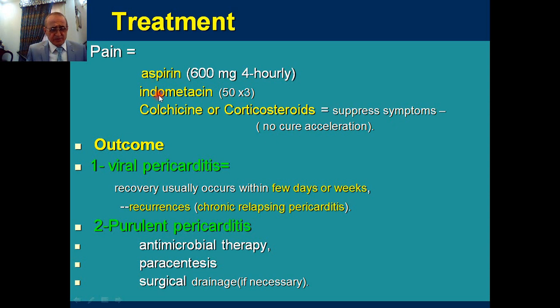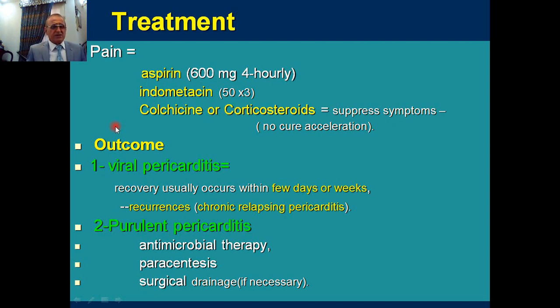Acetylsalicylate or aspirin in anti-inflammatory dose, not antiplatelet dose, 600 milligrams 4 hourly, or the stronger anti-inflammatory indomethacin, 50 milligrams three times daily, and sometimes stronger ones like colchicine and corticosteroids. These suppress symptoms but do not help accelerate cure.